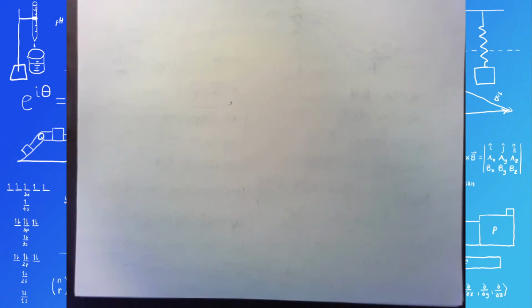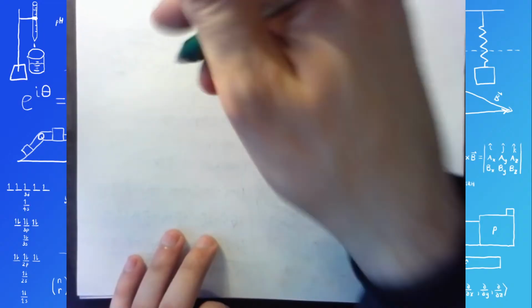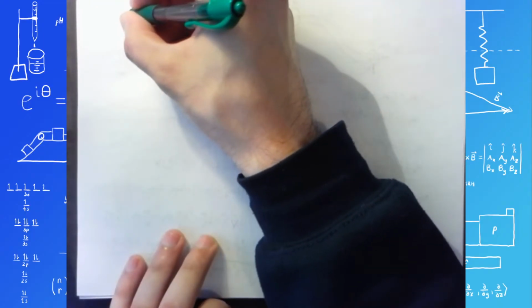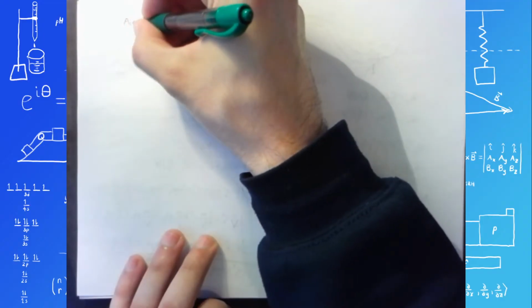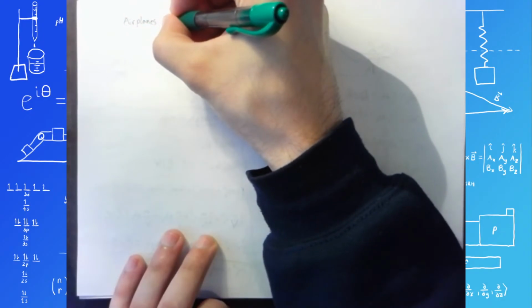Okay, so some common applications to Bernoulli's principle and Bernoulli's equation. Let's start with, how do airplanes fly? Let's start with airplanes. Airplanes and flight.